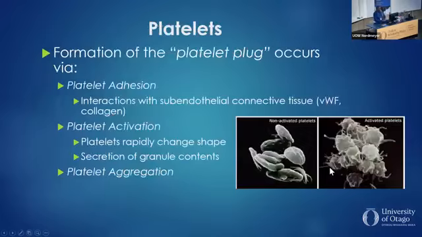Where they are important to us is when they form the platelet plug, and that happens progressively from platelet adhesion, platelets adhering to the subendothelial connective tissue and becoming activated, then releasing granules that attract more platelets, causing platelet aggregation.